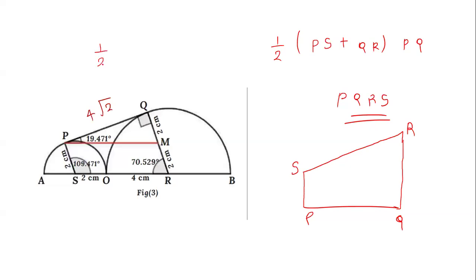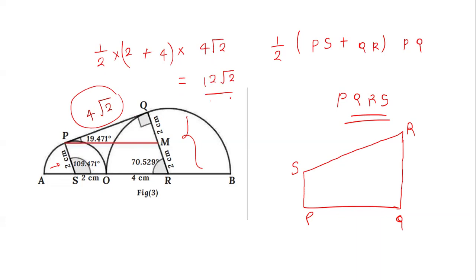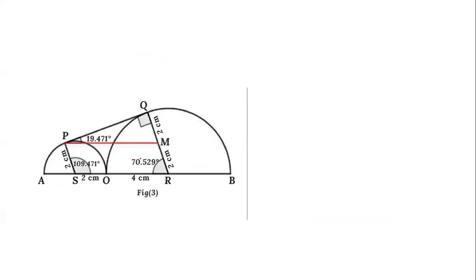So half of, what is the PS? PS we know this is 2. What is this QR? We know this is 4. And what is this PQ? This is 4 root 2. So here it is plus sign, and this is 4 root 2. So you calculate this, and this will come like 12 root 2. So this trapezium area is 12 root 2.